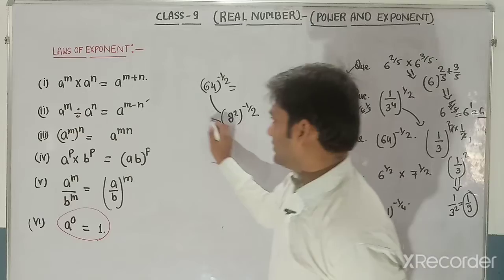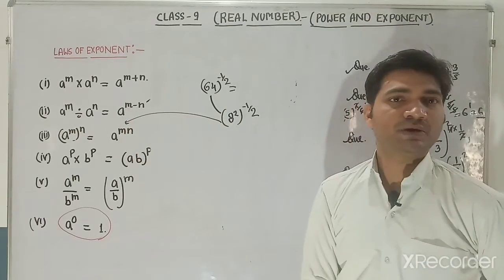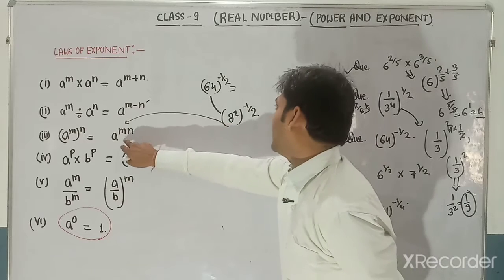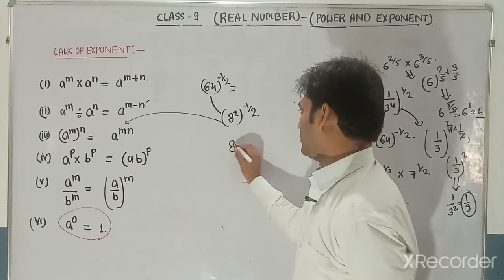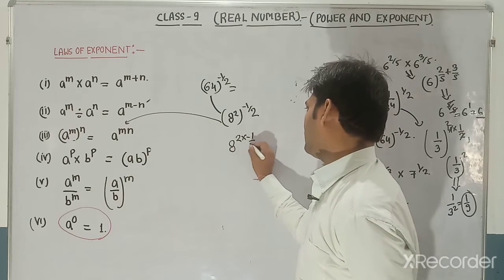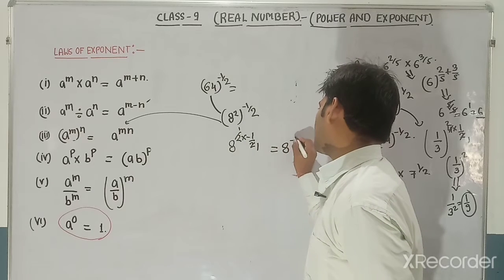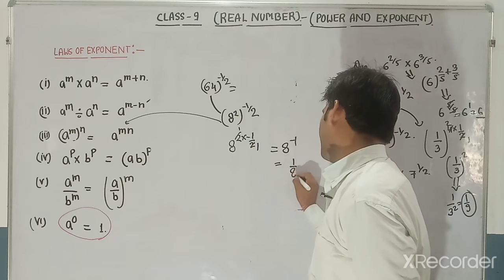Then apply the third law of exponents, and we directly multiply the powers. 8 power 2 into minus 1 by 2, 2 ones are 2 and 2 ones are 2. The result will be 8 power minus 1. It means the answer will be 1 by 8.